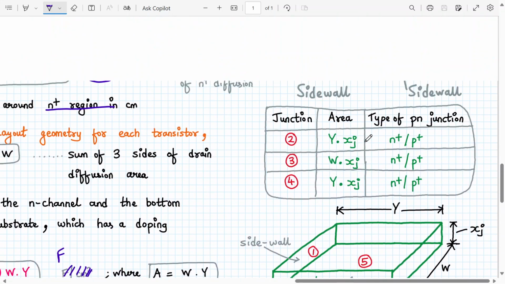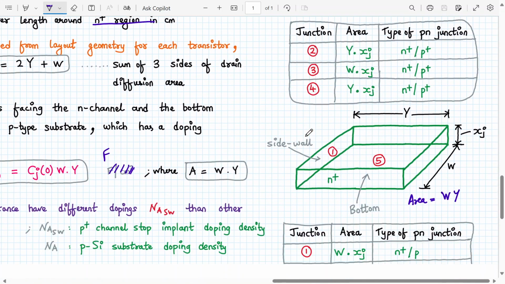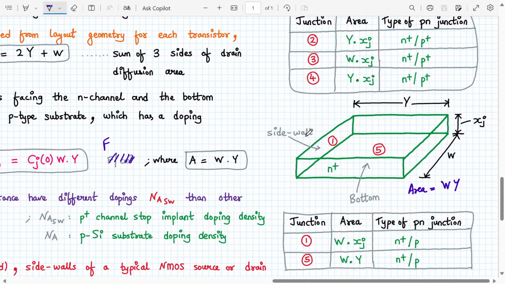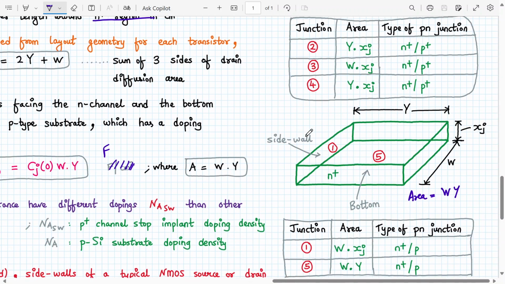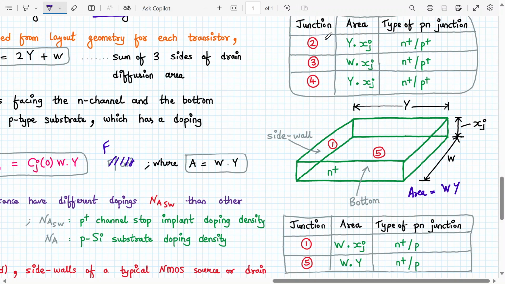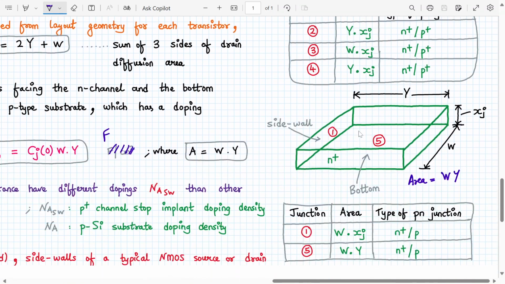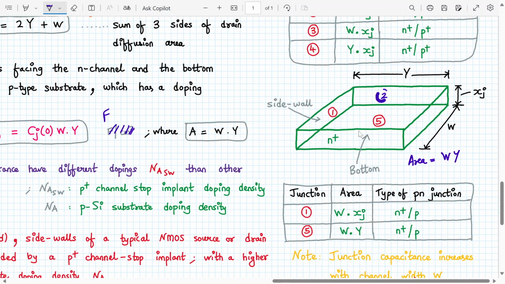So this table is important, of junctions 2, 3 and 4 and 1 and 5. Please write it down in your books: junction along with the area and the type of PN junction, and you mark it everywhere. This is 1, 2, 3, 4, and this bottom one is 5. Understanding the geometry of this rectangle and writing the formulas is extremely crucial.